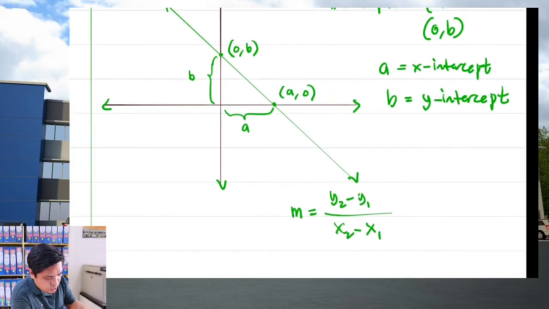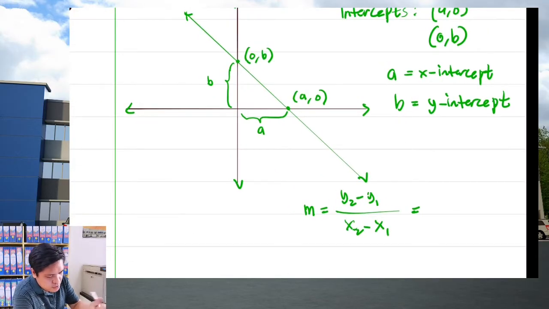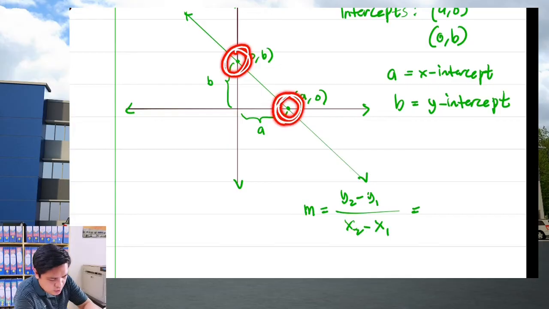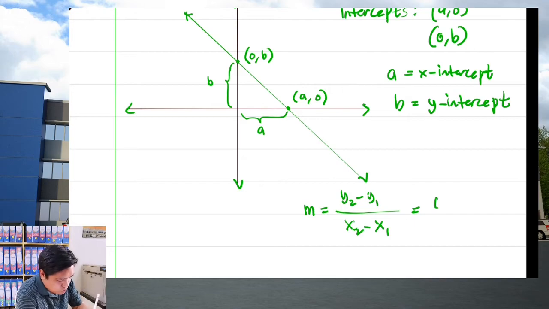So that would be equal to, let's say our y1 is this and y2 is this. Anyway, we can also interchange, it doesn't matter. So this is our point 1, this is our point 2. So that would become 0 minus b over a minus 0.